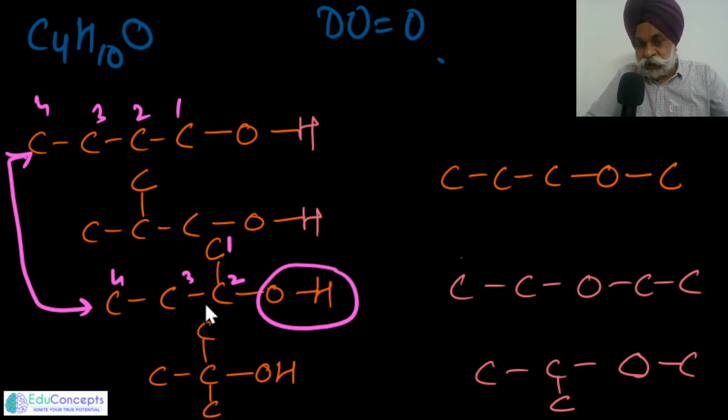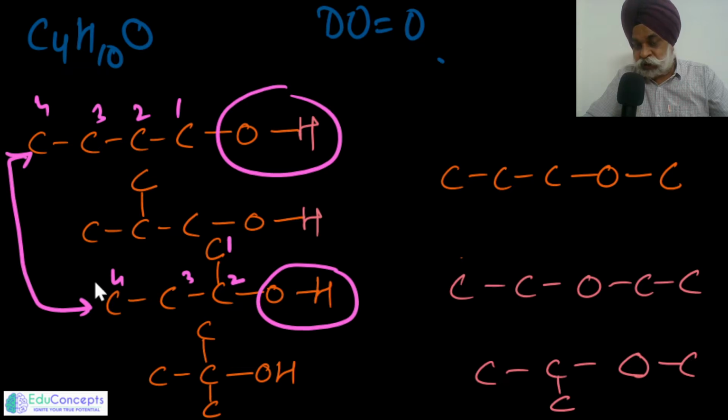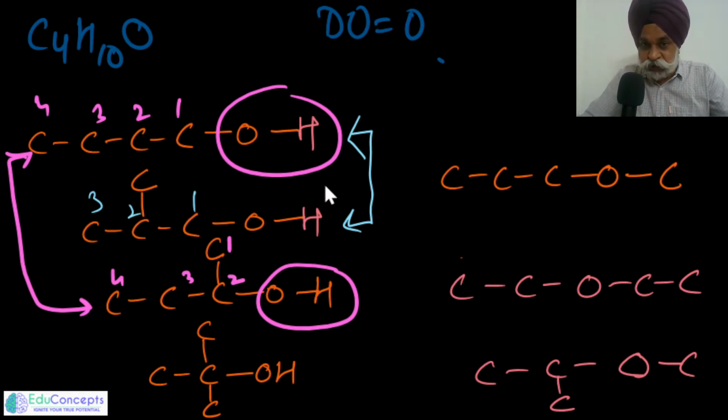Here the OH is on the second position, here the OH is on the first position, keeping the length of the carbon chain the same. Similarly, these two would later be called chain isomers, because the position of the functional group is the same, but the length of the carbon chain changed. So they get classified as chain isomers, and this one as position isomers.